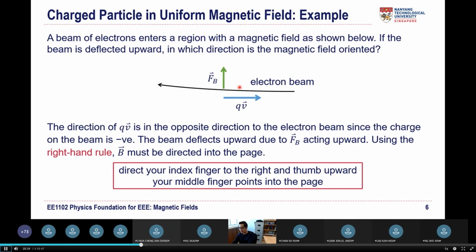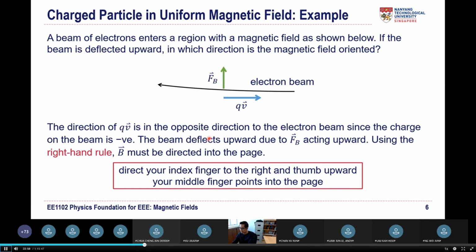Because electrons are negatively charged, you have to consider the polarity of your charge, and that's negative. So we can consider that this is moving from left to right, right? Because this is a negatively charged particle. That means if the force is acting upwards, then in which direction is the magnetic field acting?